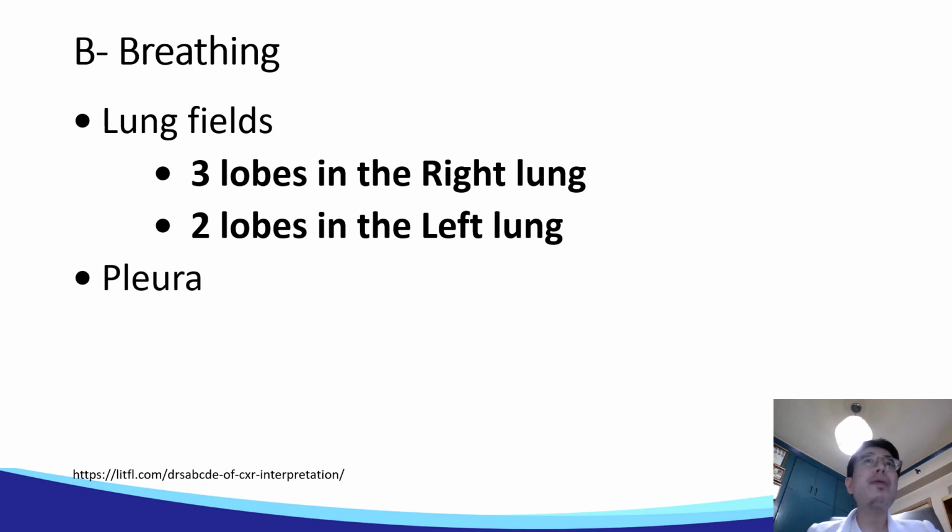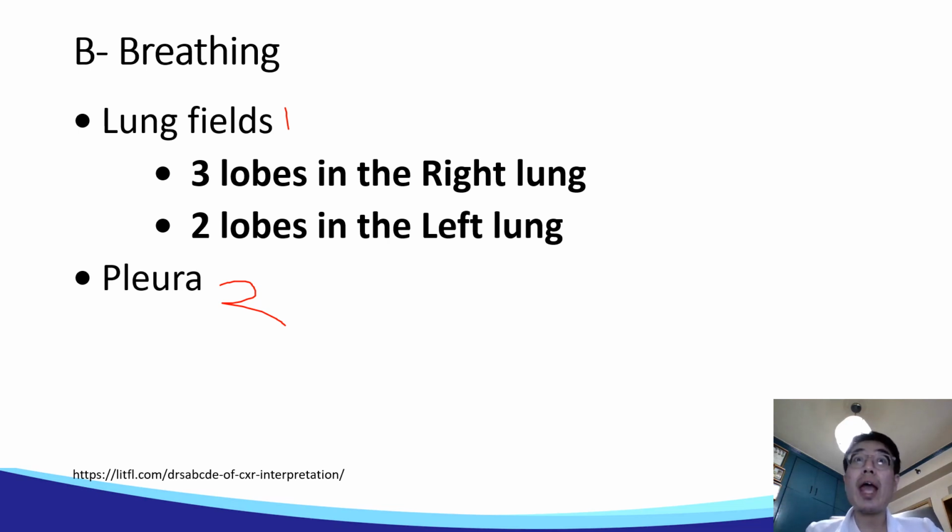B stands for breathing, and this refers to evaluation of the lung fields and the pleura. The bulk of our evaluation in a chest x-ray is obviously for breathing. In the lung fields, we look at the lung parenchyma or lung tissue itself.